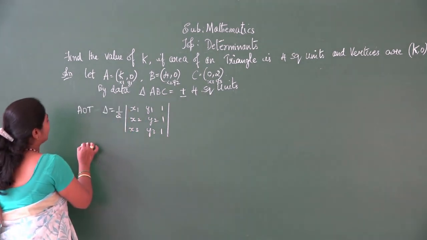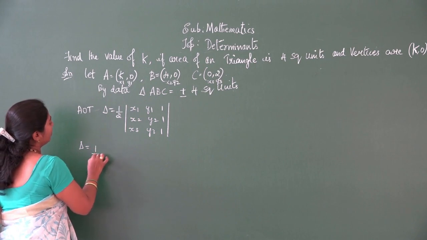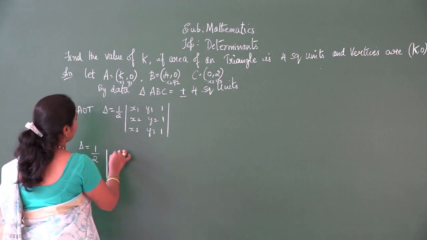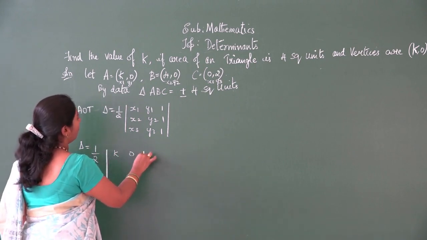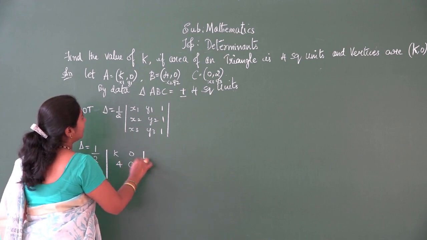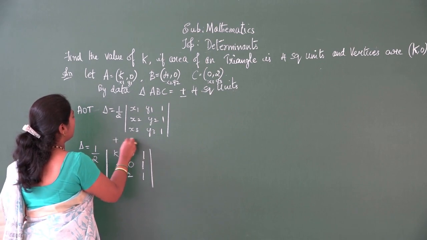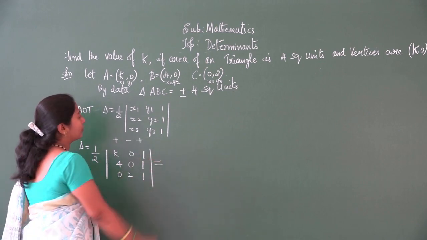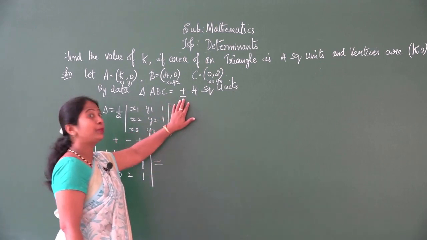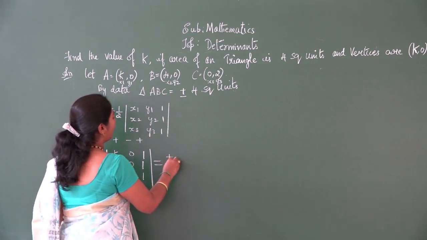So, this problem will sum up to delta is equal to half into k 0 1, 4 0 1, 0 2 1. What are the signs associated? Plus, minus and plus. Equal to plus or minus 4 square units.